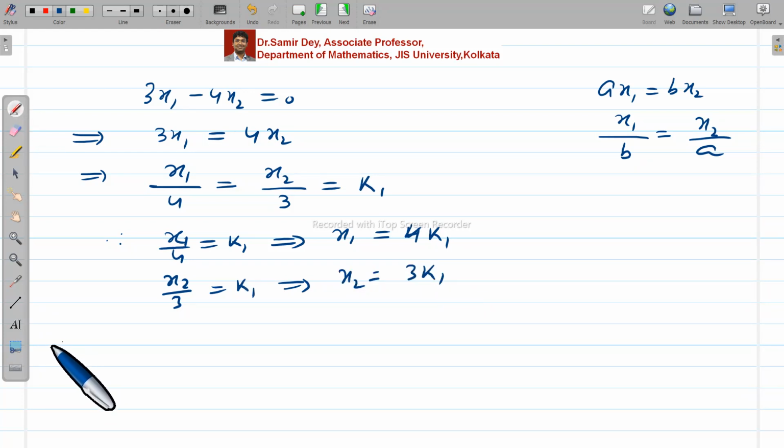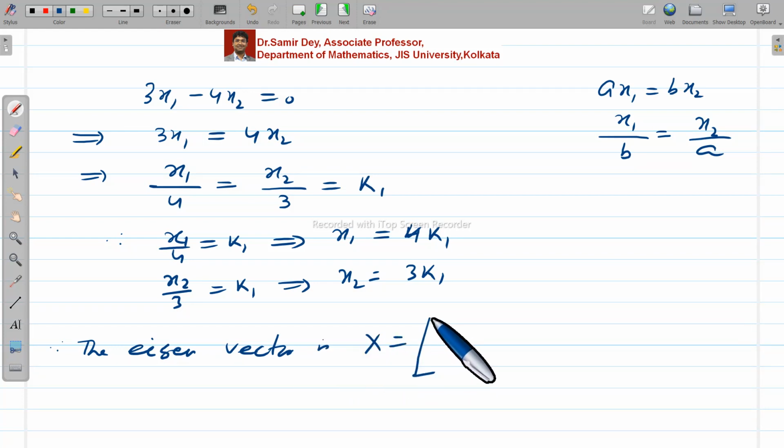Therefore the eigenvector is X equals x1, x2 is equal to 4k1, 3k1.